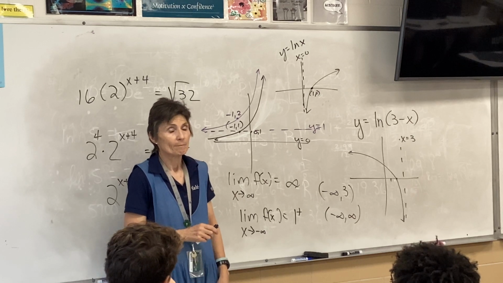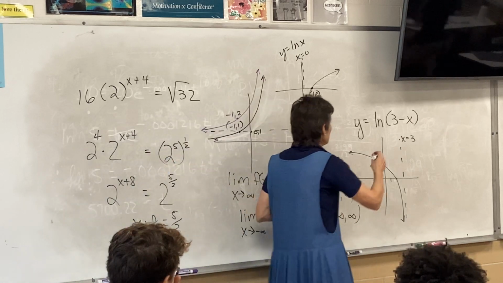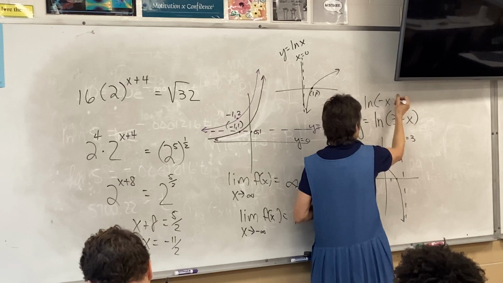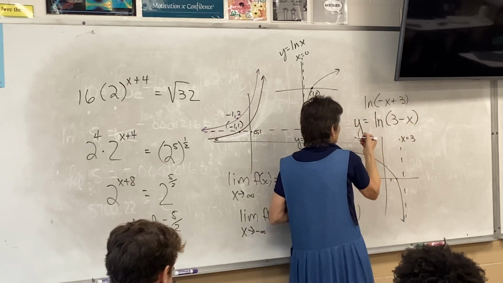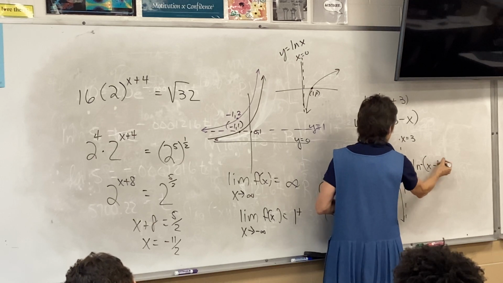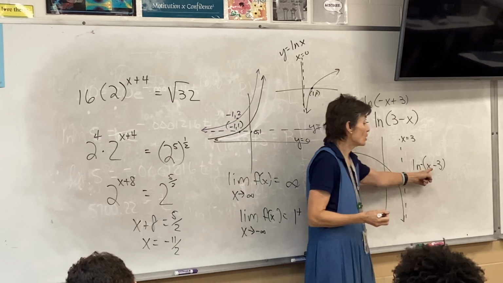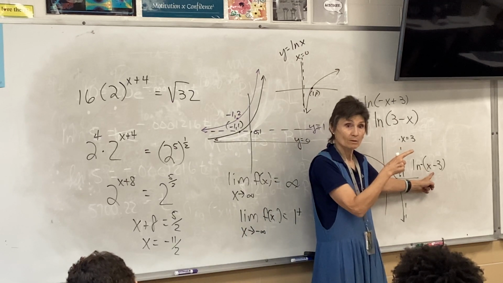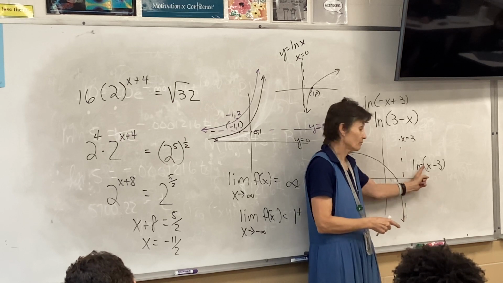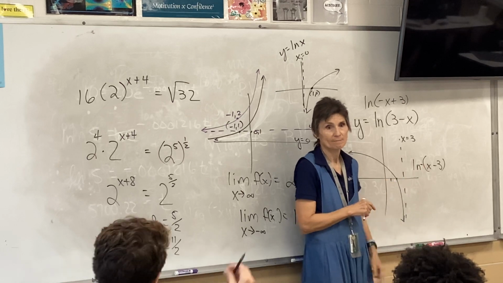Okay, you gotta be really careful, because if we turn this around, it's negative x plus 3, which is negative x minus 3. So it actually goes 3 units to the right, exactly how we said it would, and it reflects across the vertical, wherever the vertical is.